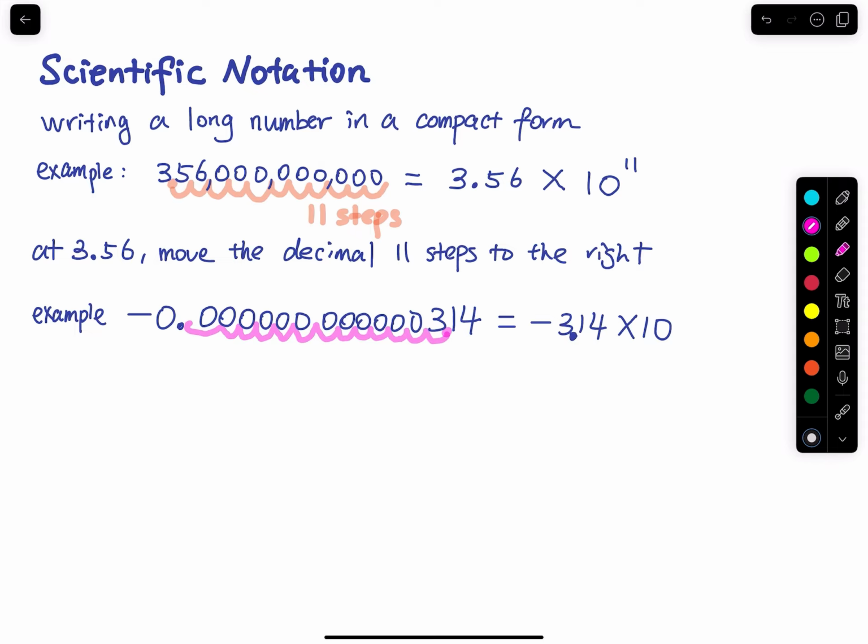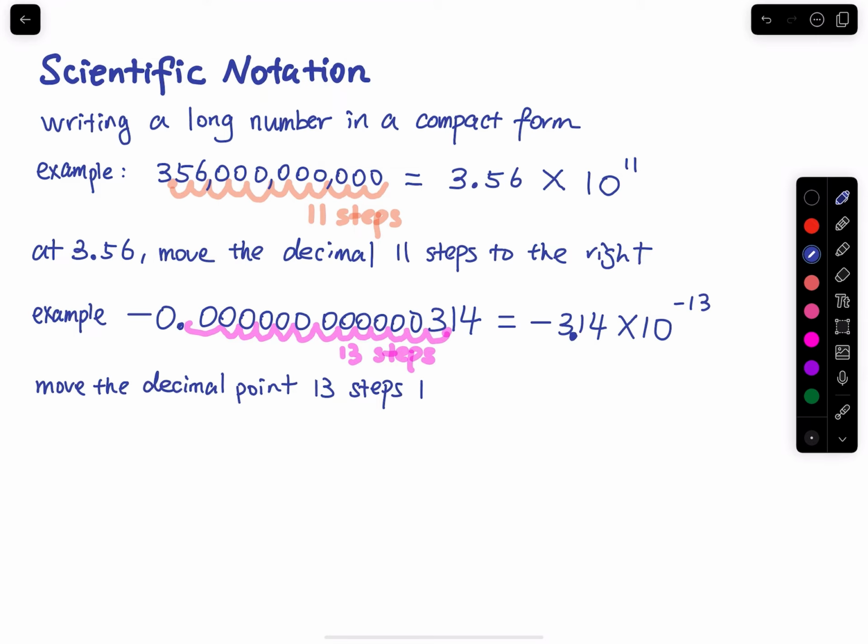So that is 13 steps, and this will be a negative 13. We are moving the decimal point to the left. So this is move the decimal point 13 steps to the left.